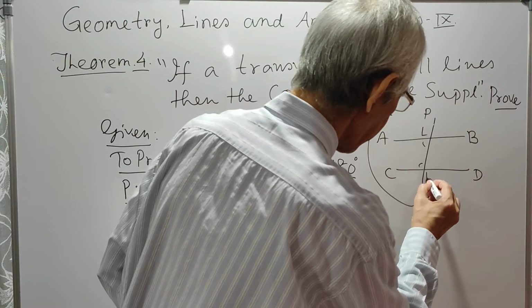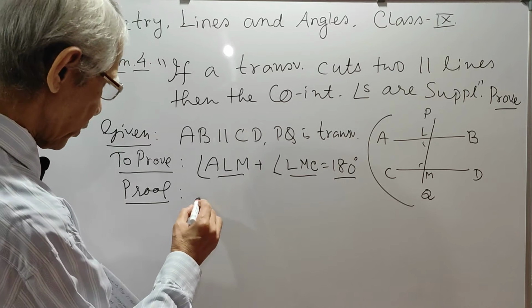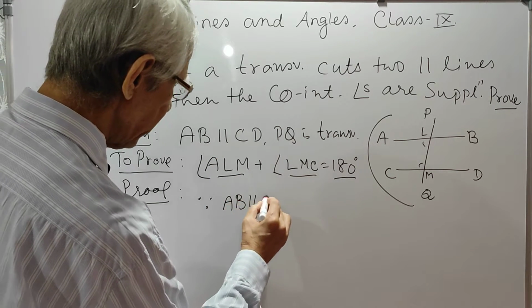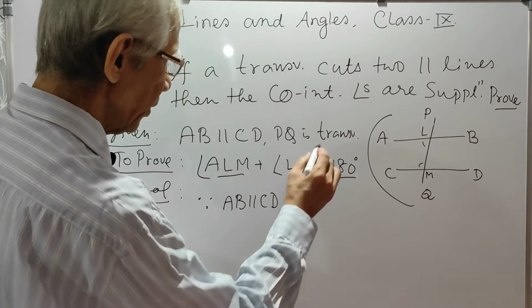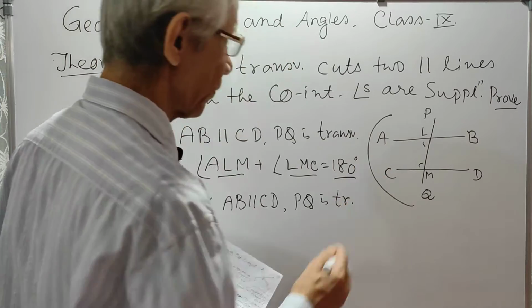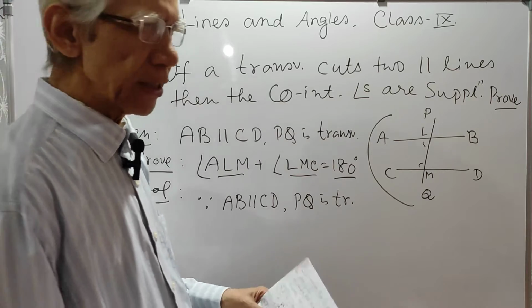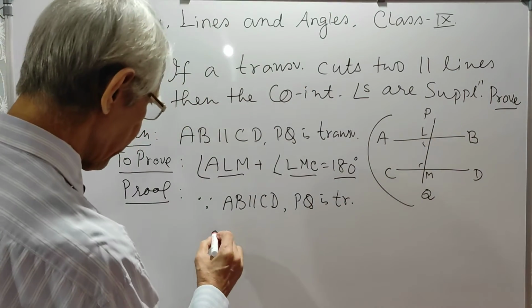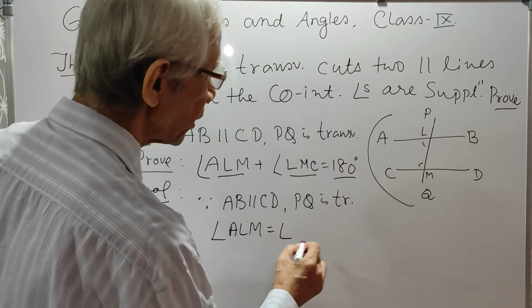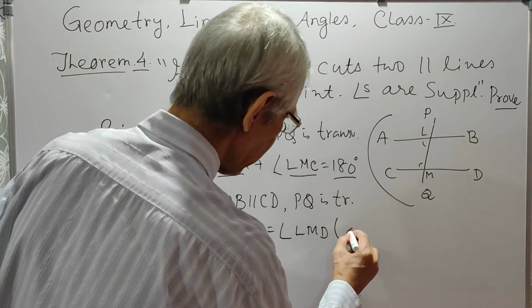This point is M. So according to that theorem, since AB is parallel to CD and PQ is a transversal, alternate angles are equal. So ALM is equal to LMD. Now what is the reason? They are alternate angles.